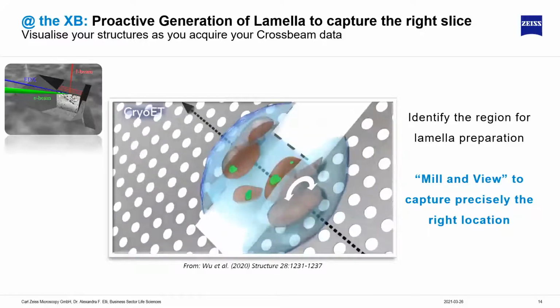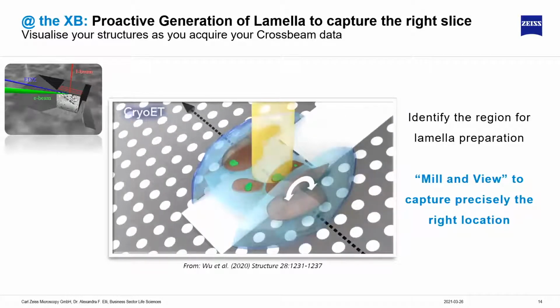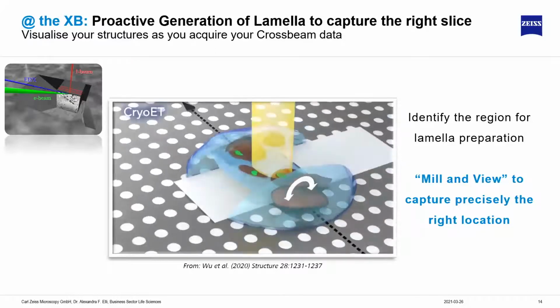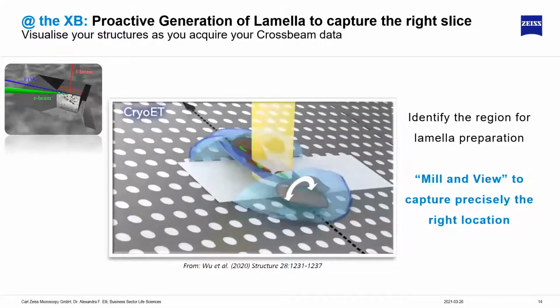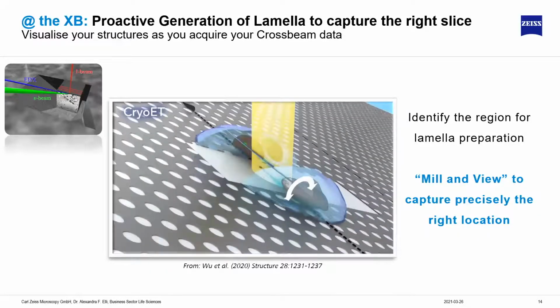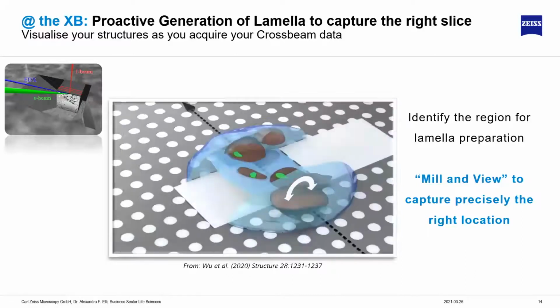This video shows the process of targeted lamella creation, and you can see the locations either side of the sample are milled using the FIB-SEM. By visualizing the structure of interest during this milling process, you can clearly define the lamella in the right location and ensure that it contains your structure of interest, which is essential.